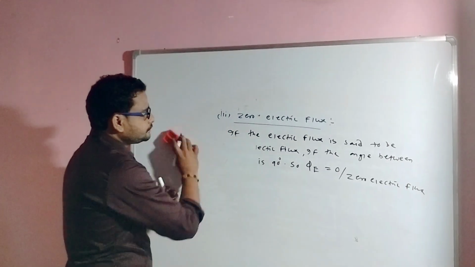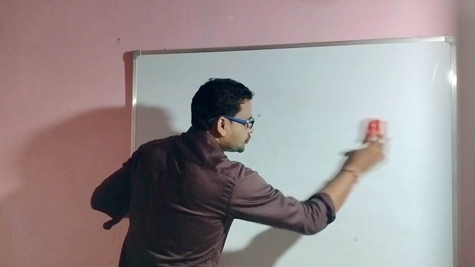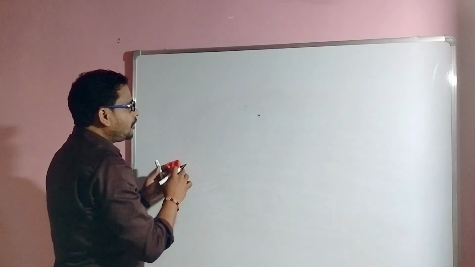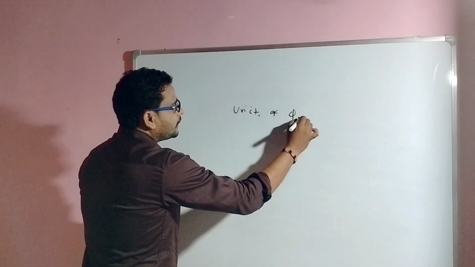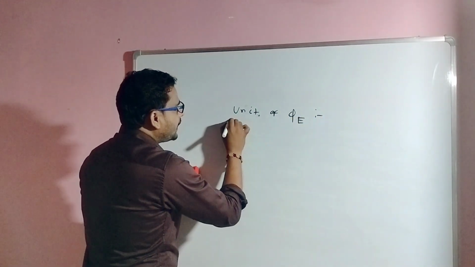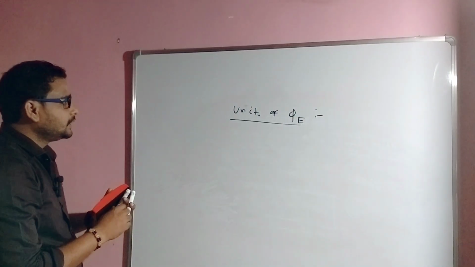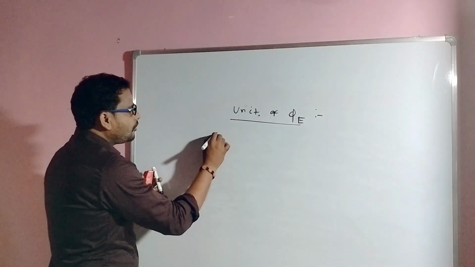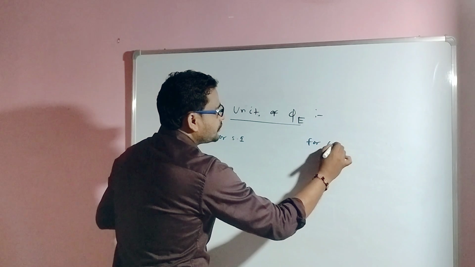Then unit of electric flux, very important, a short question. Unit of phi, where phi is electric flux. We will see for SI system, then for CGS system.